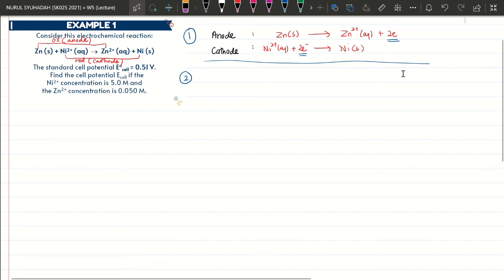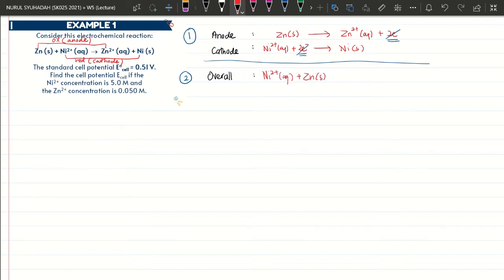Since it is the same, we can cancel, and then write the overall equation: nickel 2 plus aqueous plus zinc solid to produce nickel solid plus zinc 2 plus aqueous.